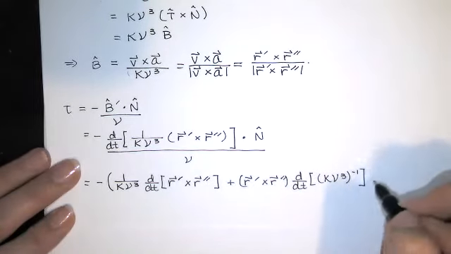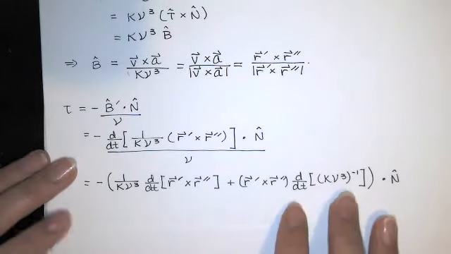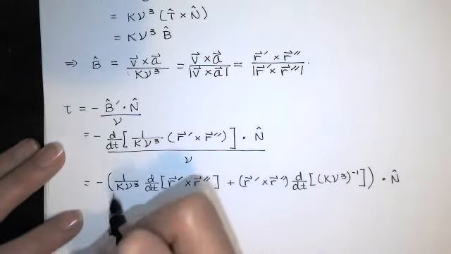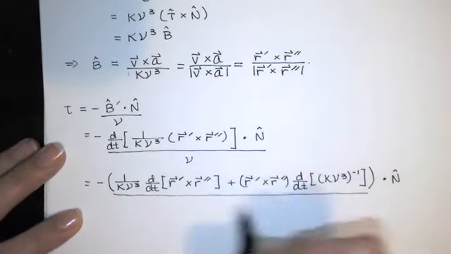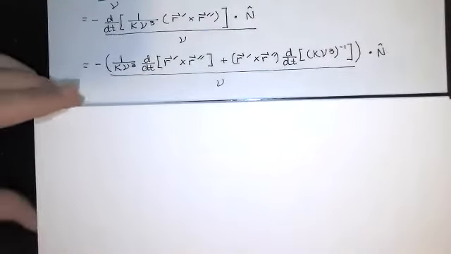We're going to take all of that and we're going to dot it with n in a little bit. And all of that is divided by another nu. This is just a lot of computation.